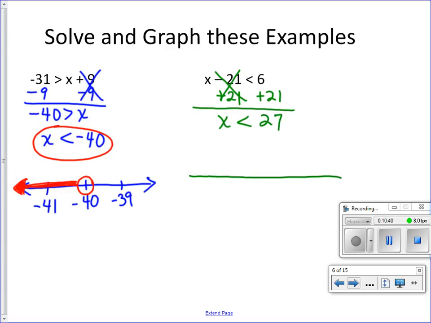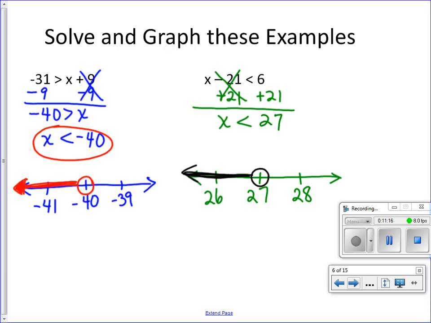Okay, so on my number line, I'm going to put 27, and to the right one would be 28, and to the left one, oops, start all over here, 26. Okay, so when we go to graph this one, we're going to have an open circle again, right there. All right, and then it is everything to the left.